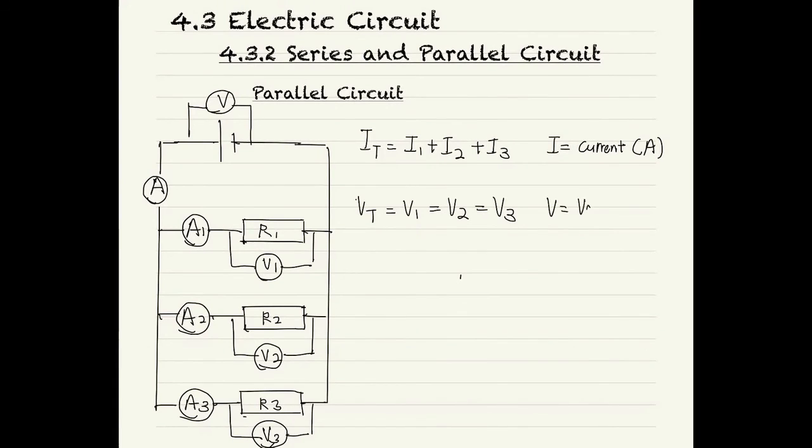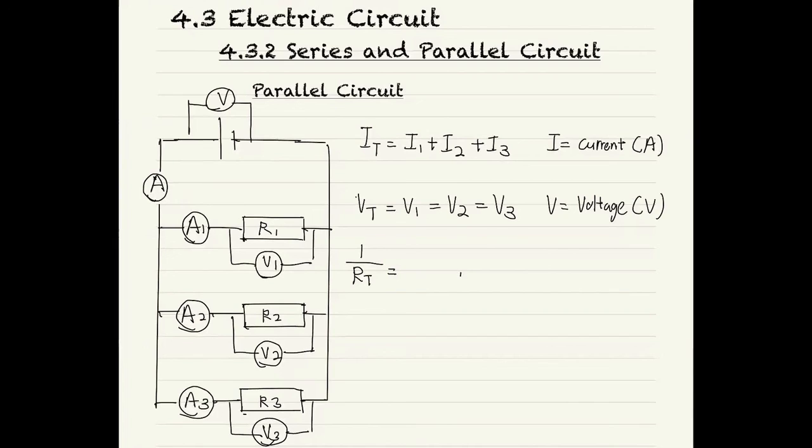V is voltage, unit is volt. 1 over R total, 1 over total resistance equal to 1 over R1 plus 1 over R2 plus 1 over R3. R is resistance, unit is ohm.